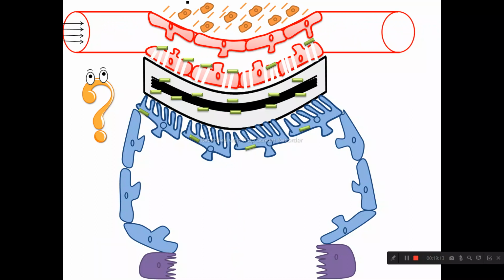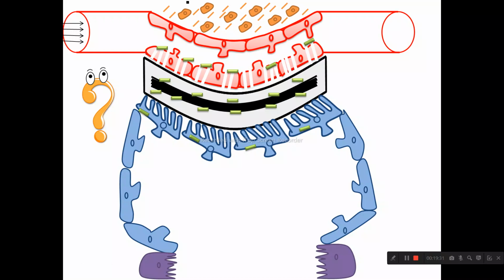So it means that filtration not only depends upon size but also on the charge. Smaller size molecules filter more and larger size molecules filter less. Cationic molecules filter more and anionic molecules filter less.